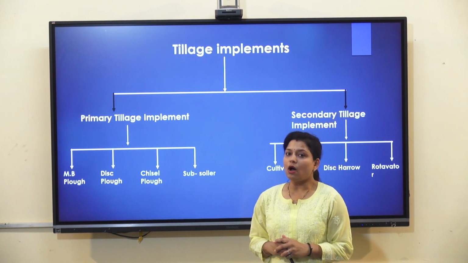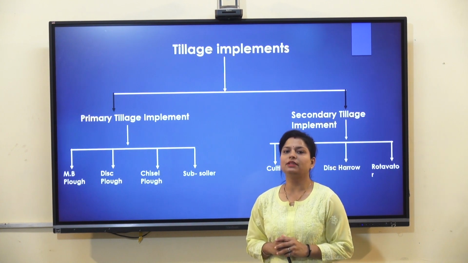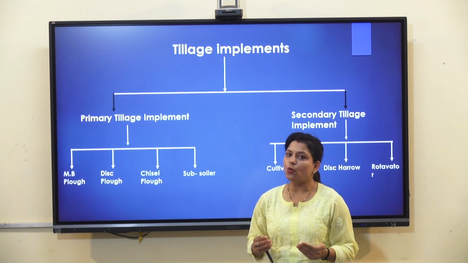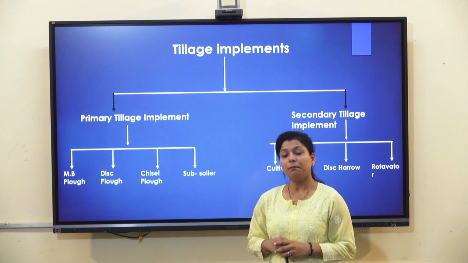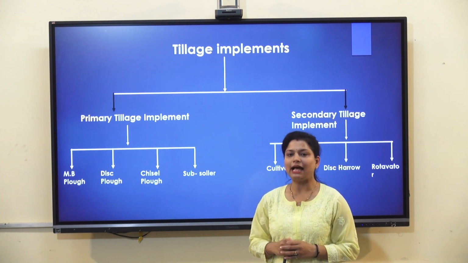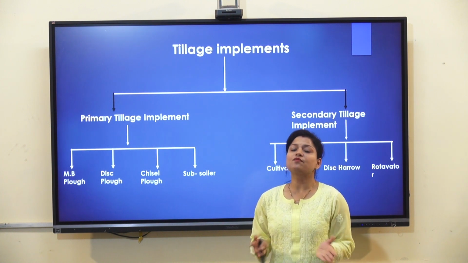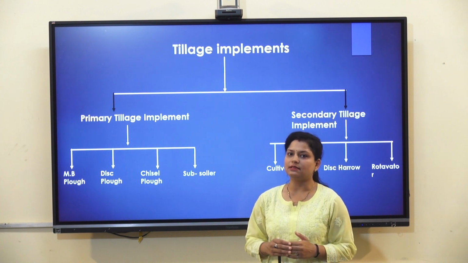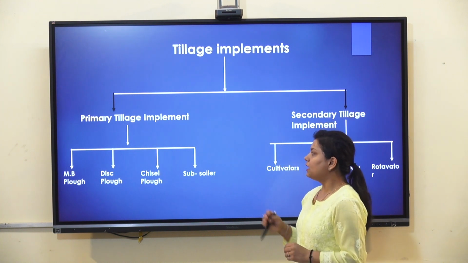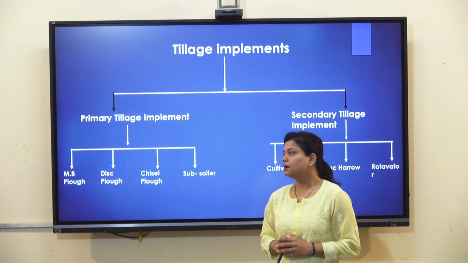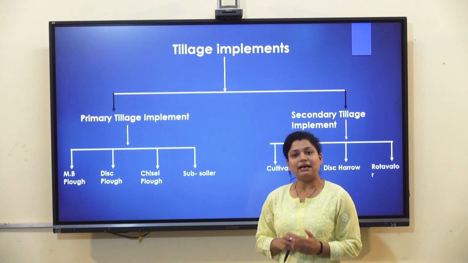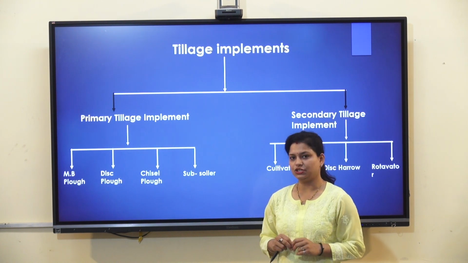But the ampli plow is not used on soil which is full of stones, grasses and bushes. If we have this type of field, the disc plow is best in that field condition.